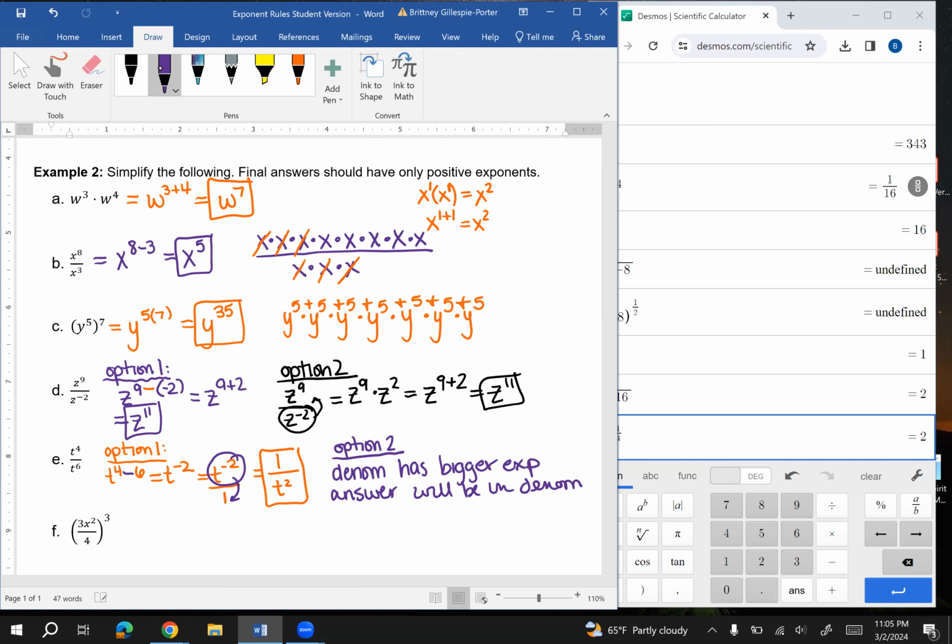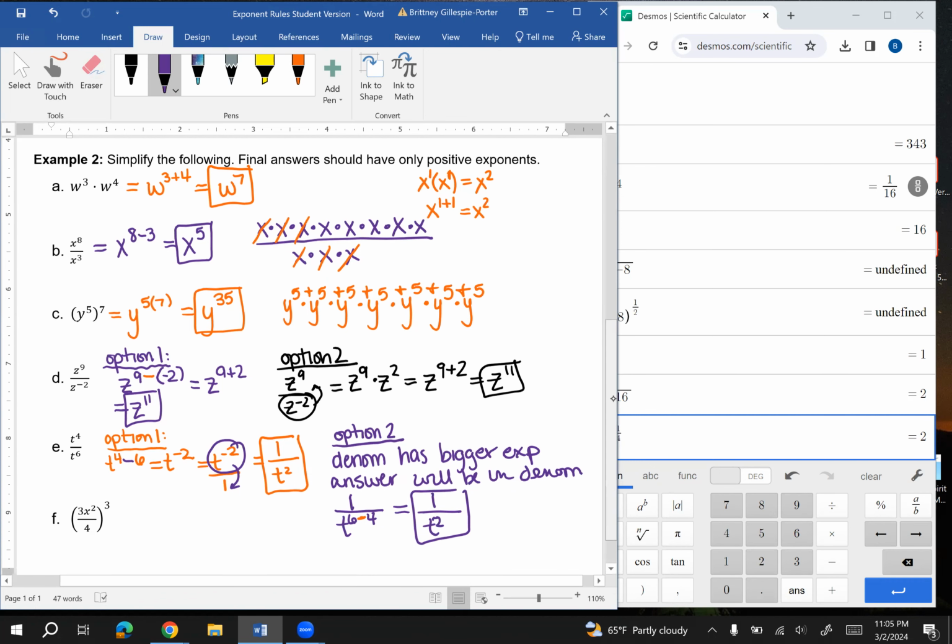So the other way you could do this is 1 all over t to the 6 minus 4. So still doing the subtraction, except we're keeping the subtraction in the bottom because the 6 is bigger than the 4, and we still wind up with 1 all over t squared.